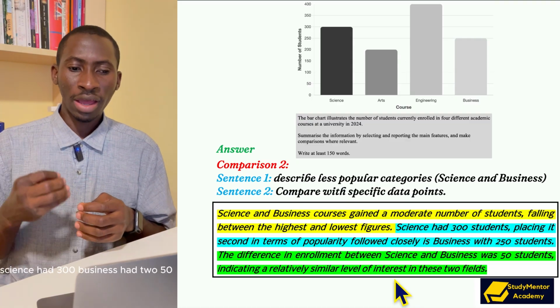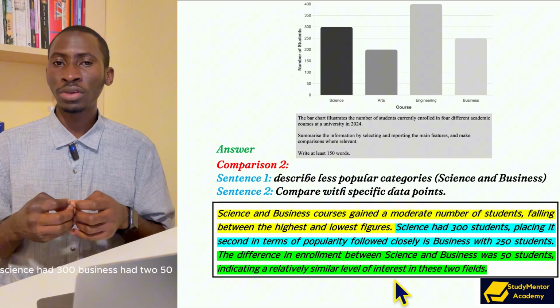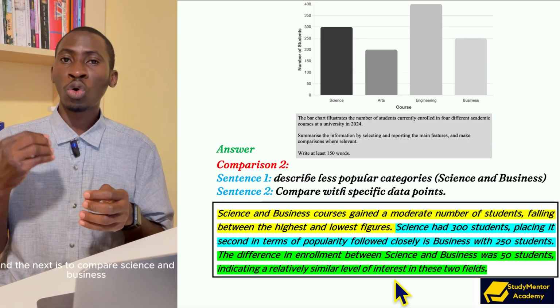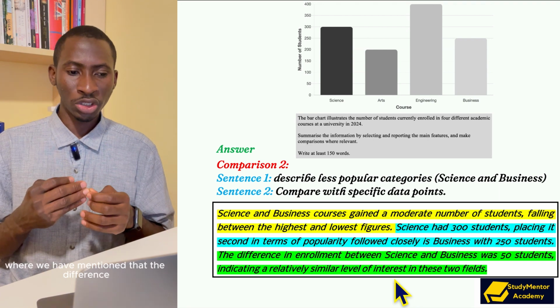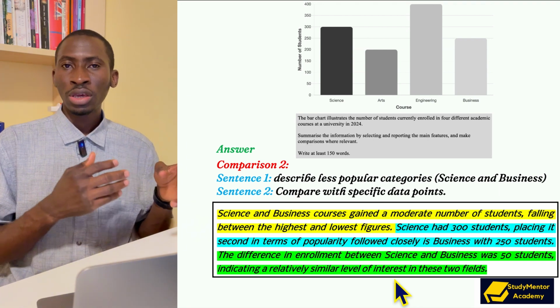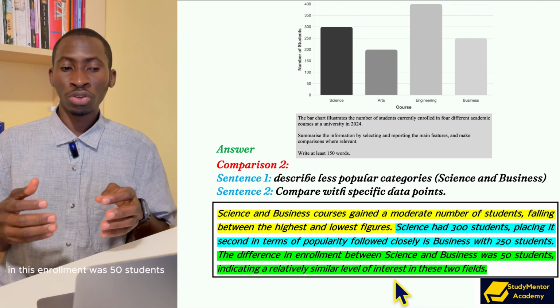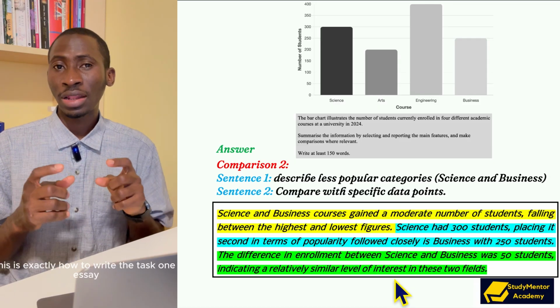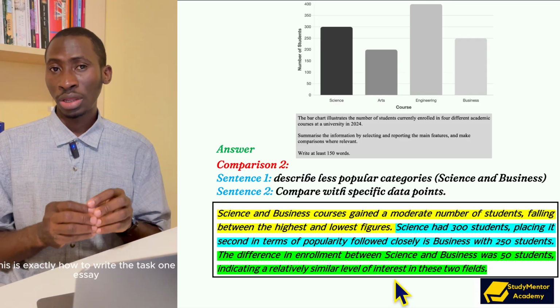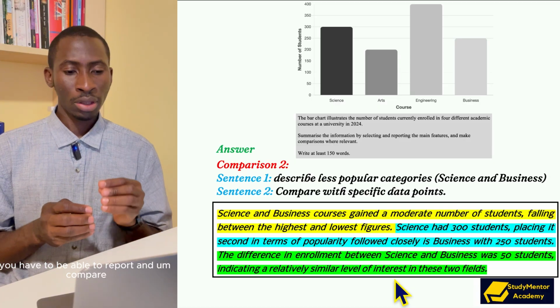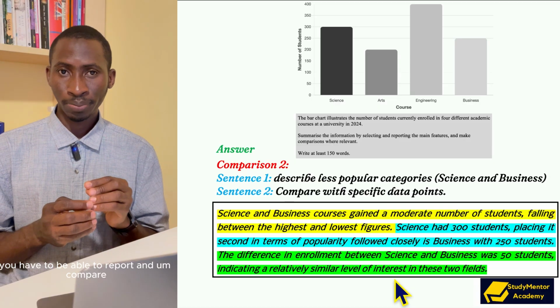Science had 300, business had 250, and the next is to compare science and business, where we mention that the difference in enrollment was 50 students. This is exactly how to write the task 1 essay. You have to be able to report and compare data.